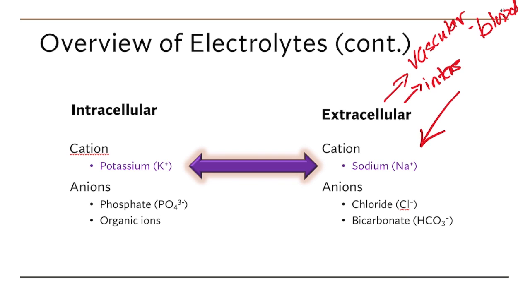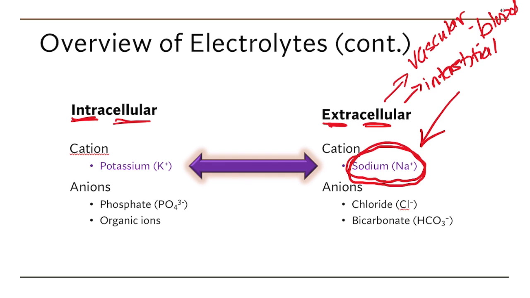So anything that's outside of the cell, that is a lot. What's causing that osmotic gradient outside in the extracellular space is going to be sodium. The opposite is inside the cell. Sorry, let's look at intracellular. Then the most common cation is potassium.